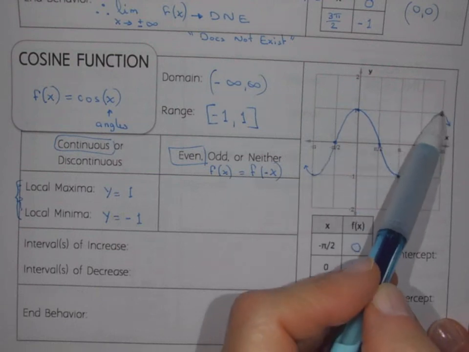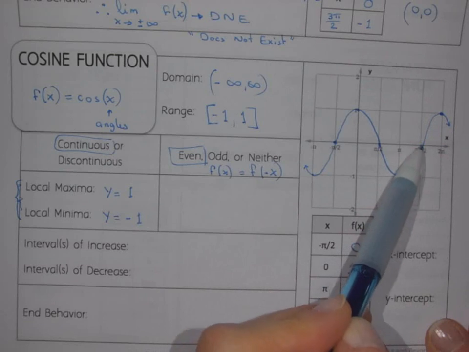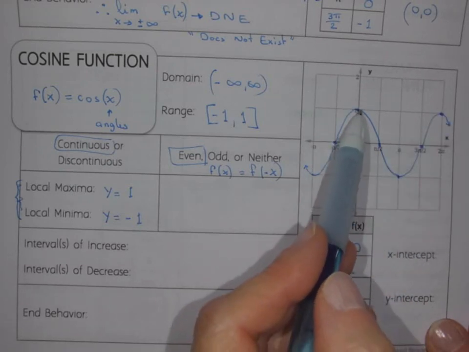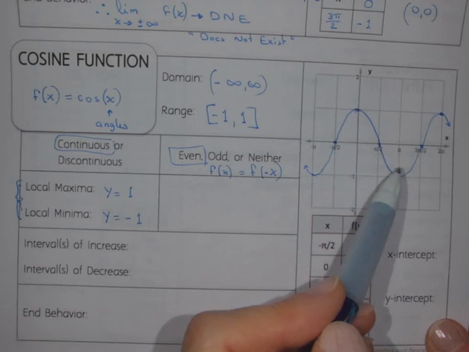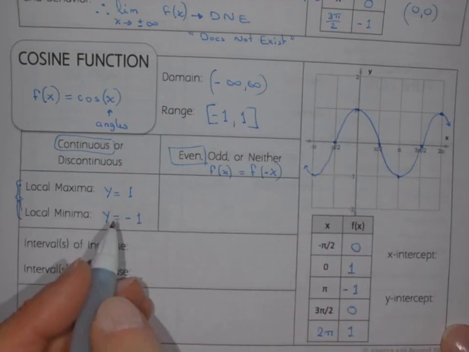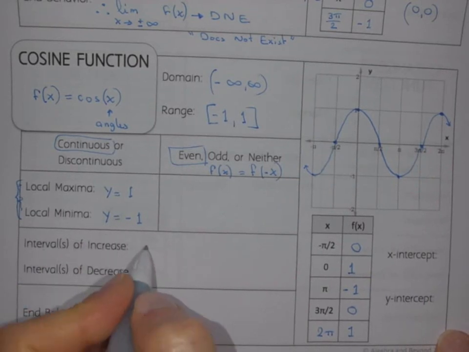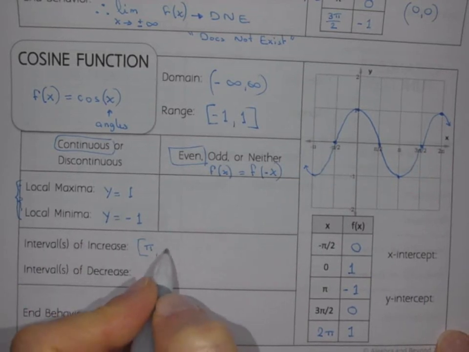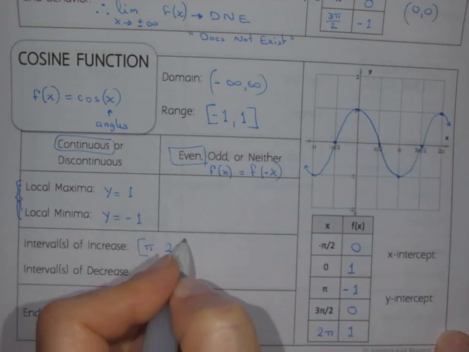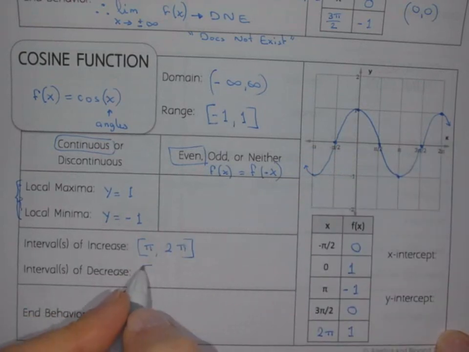Up, up, up, up, up, up, up, and then it starts going down again, right? And then decreasing, from 0 to pi, and then repeats. So interval of increase, we're going to say from pi to 2 pi. And the decrease, I'm going to say from 0 to pi.